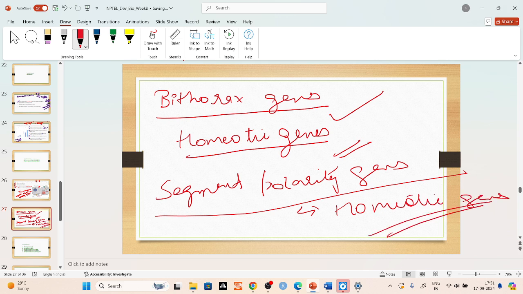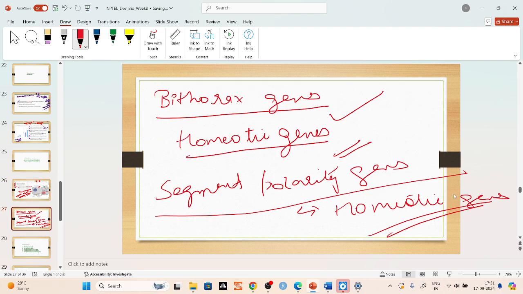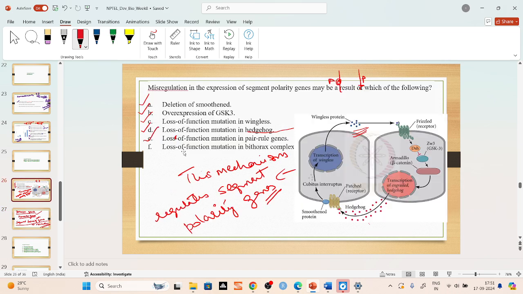Then they give the identity to each segment. That means even if there is a loss of function mutation in the bithorax complex, I mean, in the homeotic genes, there would be no effect on the segment polarity genes because it is after it. So F would be wrong.